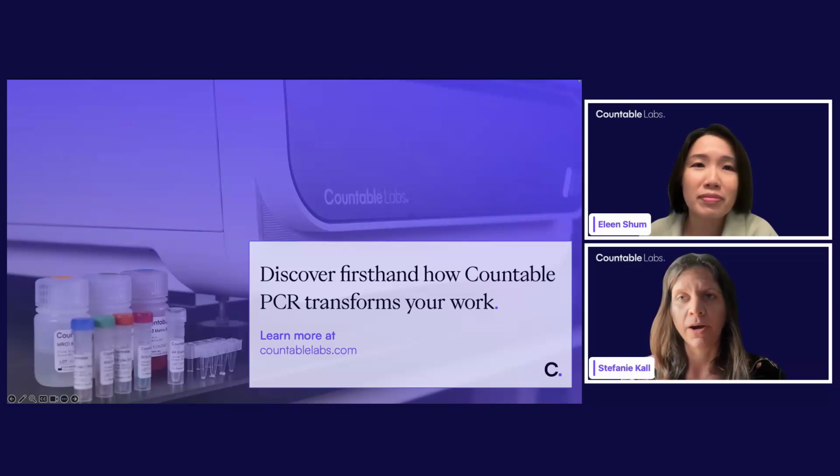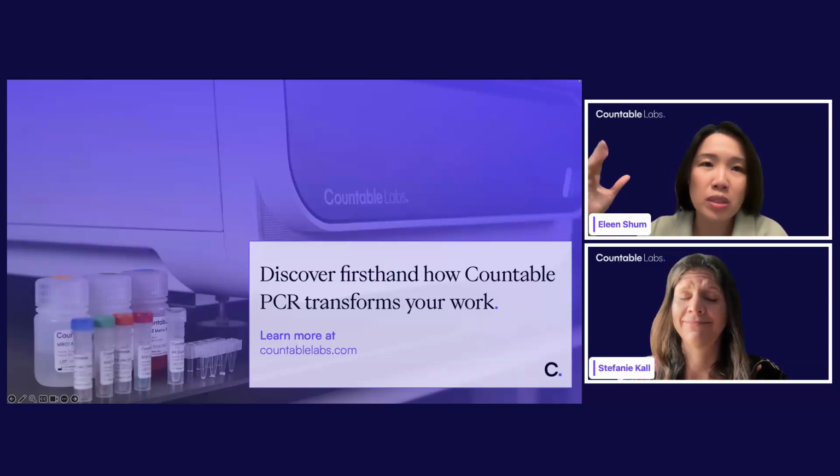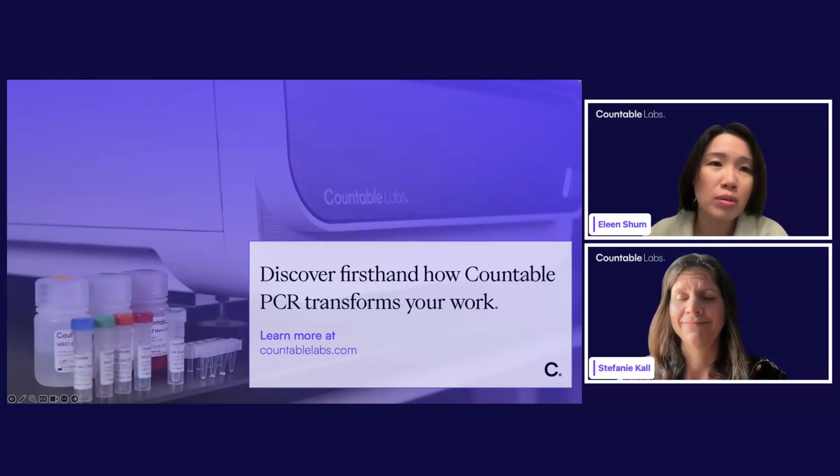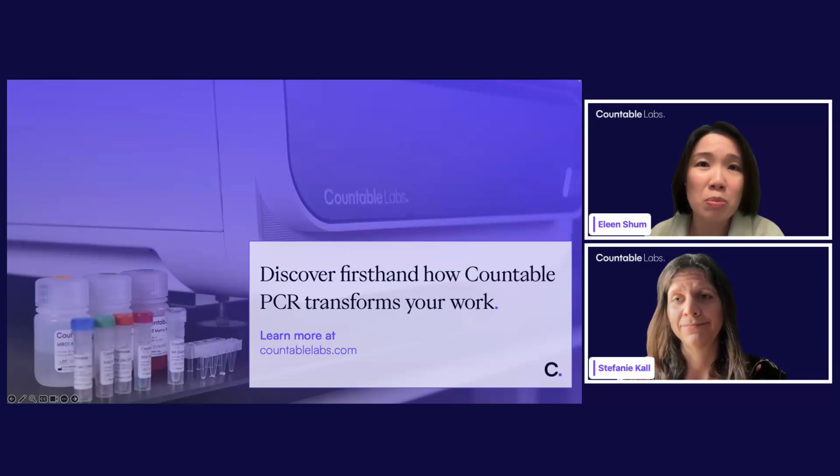Even I, who haven't really been at the bench in ages, get really good CVs when I run experiments in Countable PCR. Completely. Once you get into the single molecule space with 30 million compartments, you're counting one molecule at a time. Most of the time you're probably measuring the operator's pipetting error. Typically what I've seen is 1 to 3% CV, which is kind of amazing.